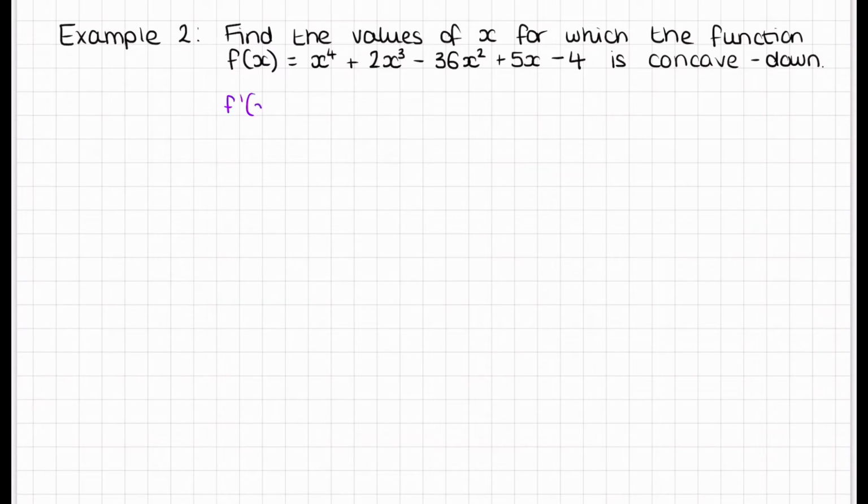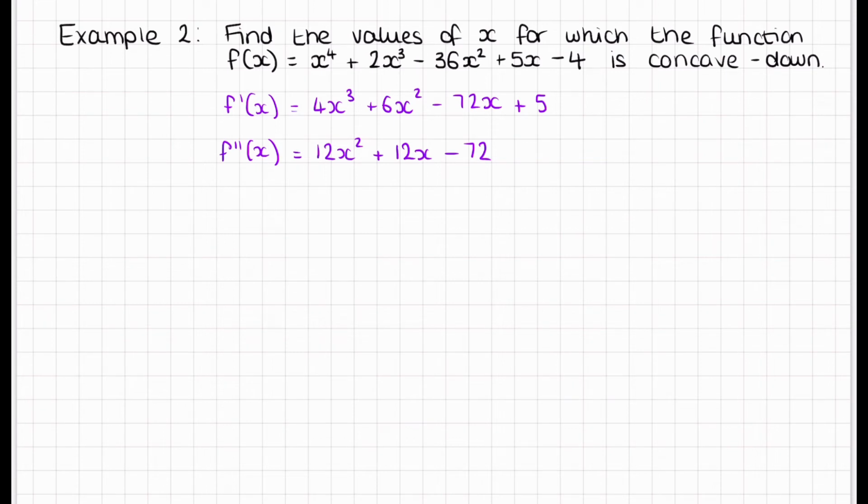Our first derivative would be 4x cubed plus 6x squared minus 72x plus 5. And then our second derivative will be 12x squared plus 12x minus 72.